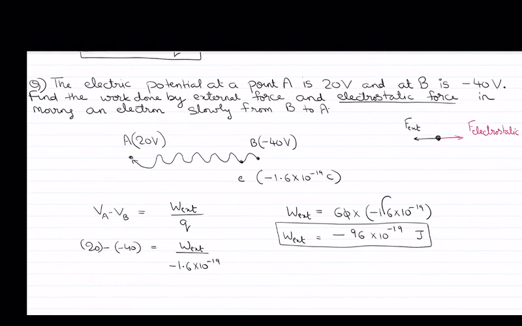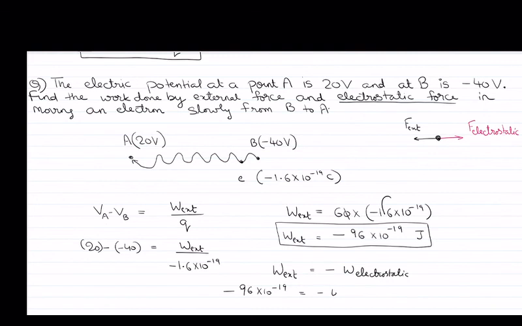So if we bring any charge slowly, then work done by external force is equal to minus work done by electrostatic force. Now work done by external force is minus 96 into 10 to the power minus 19.